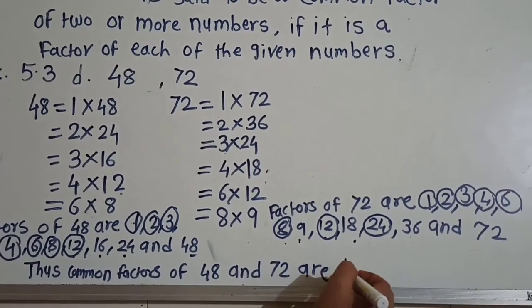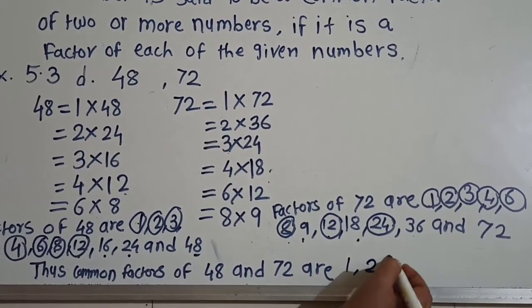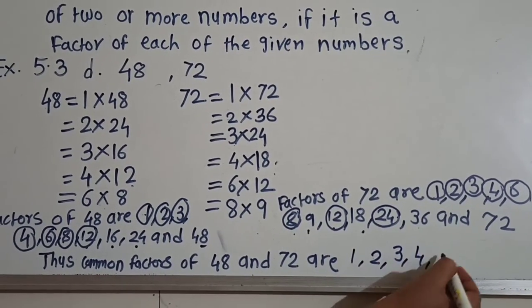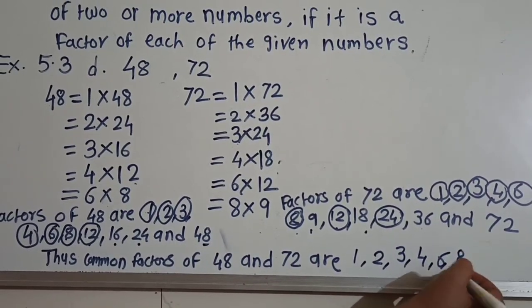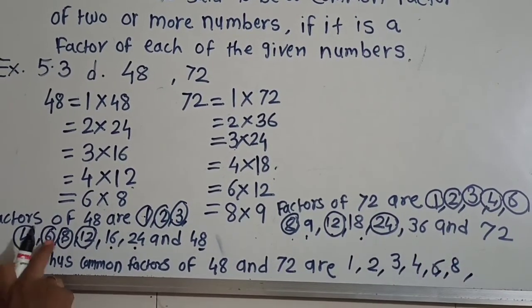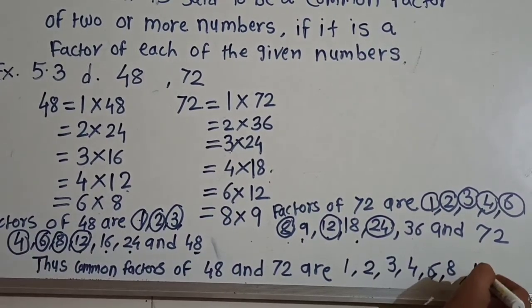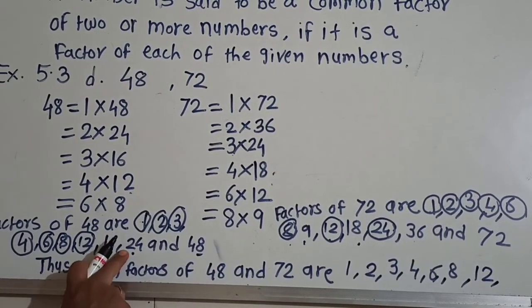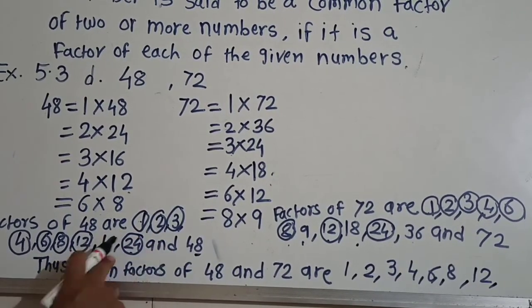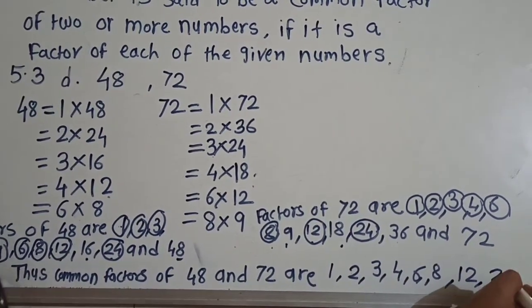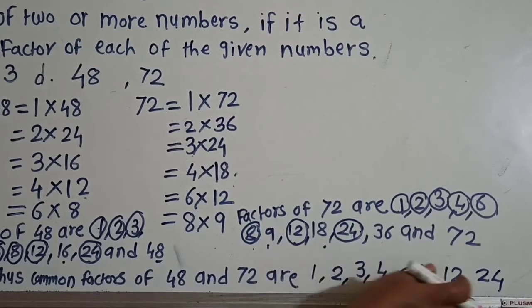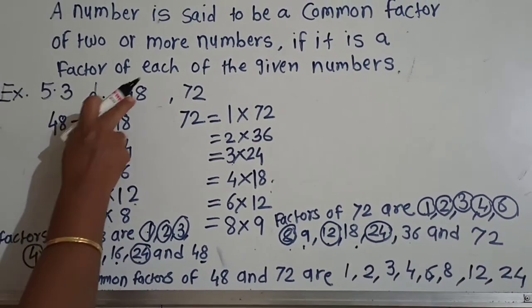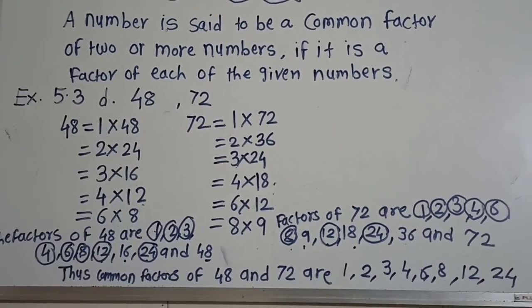So we have to write here 1, 2, 3, 4, 6, 8, after 8, 12 and then, yes, 24. These are the common factors of 48 and 72.